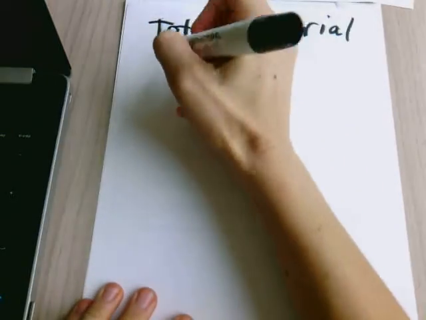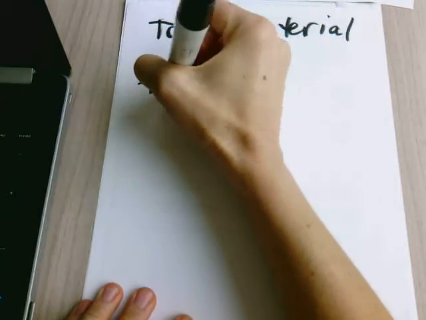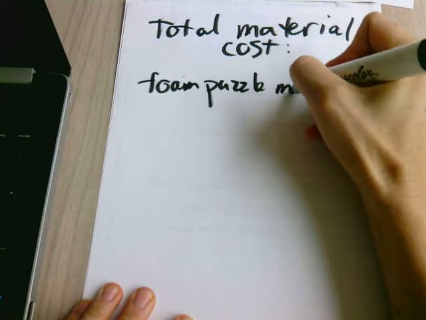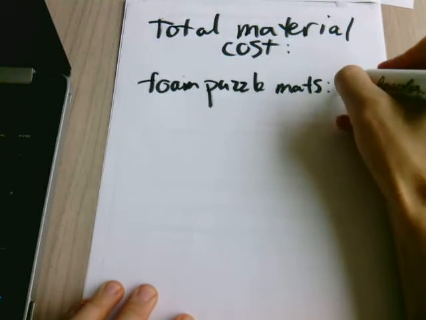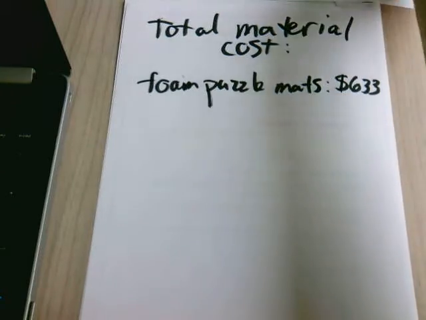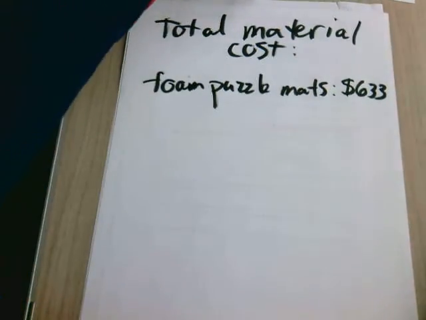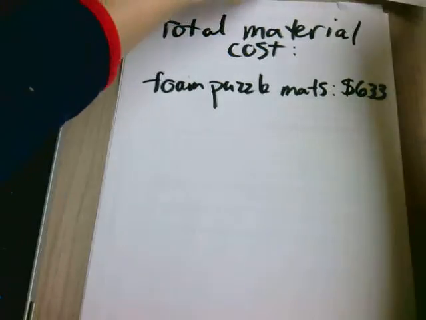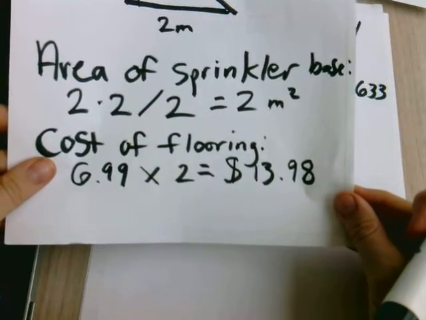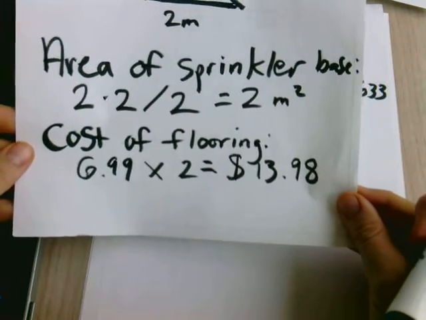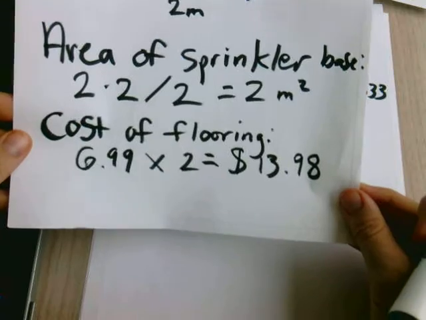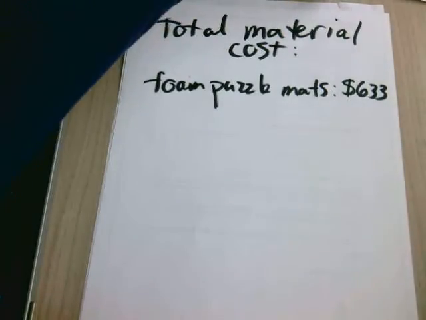So the foam puzzle mats were $633. And then the flooring is $13.98.